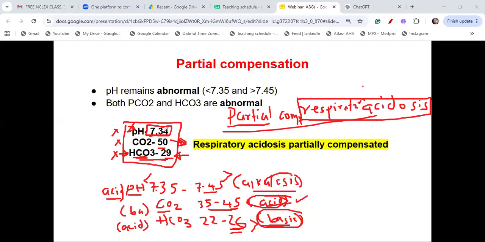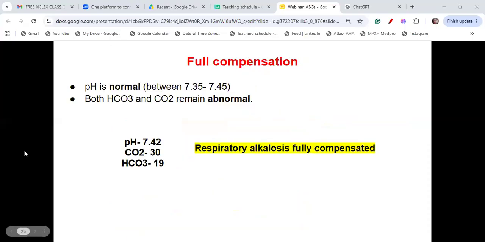In this case, you can see it is still slightly outside the normal. So you talk about partial. Yes, something is happening, but not quite. Now, the full one is when the pH has gone back to normal.